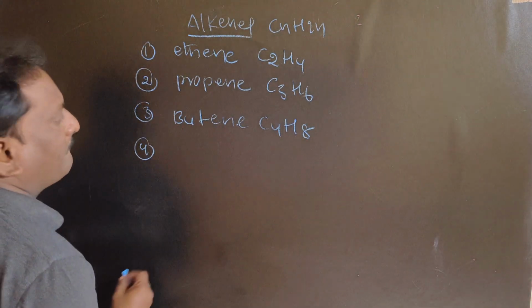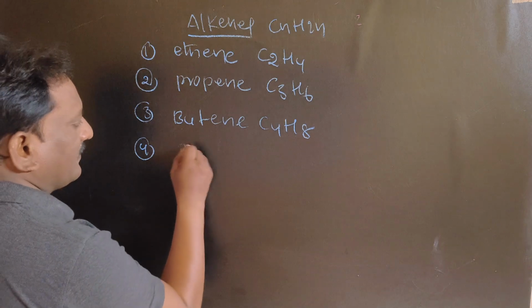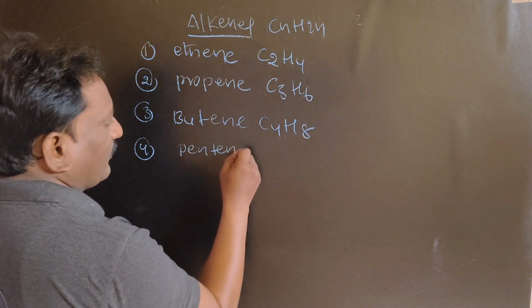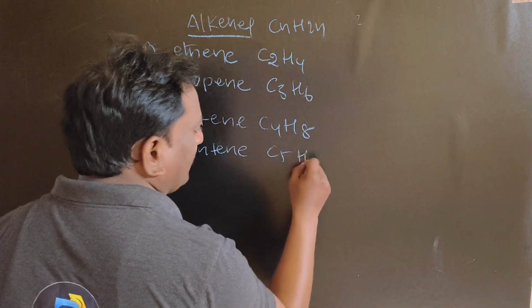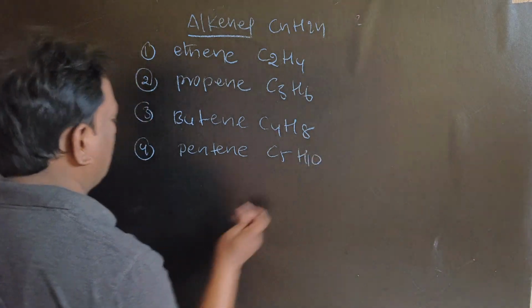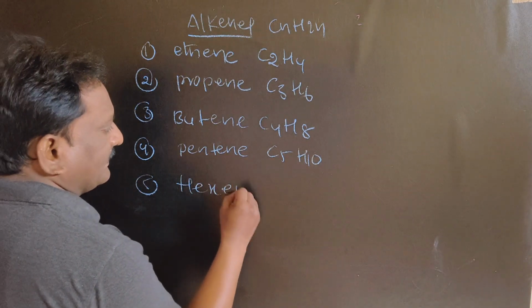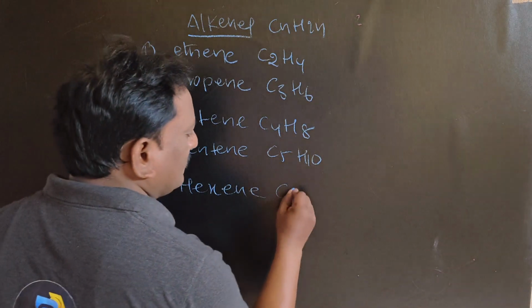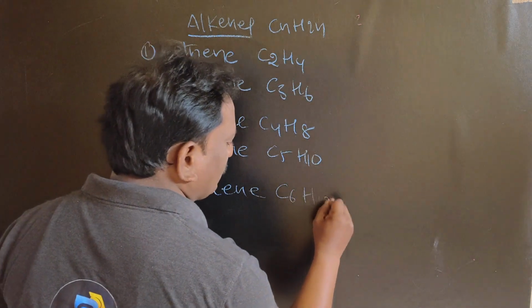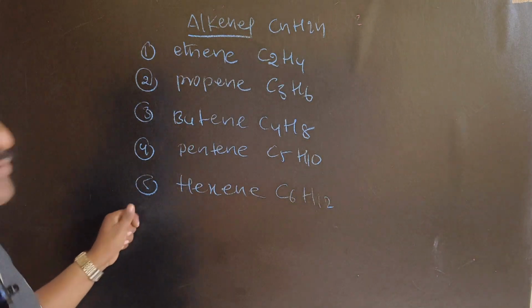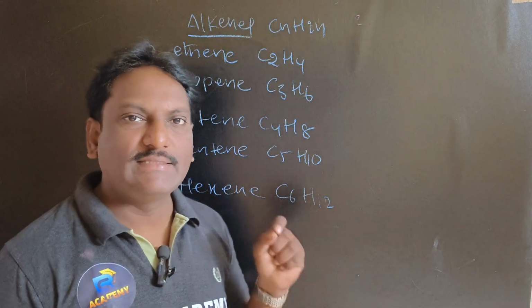Fourth member pentene, formula C5H10. Fifth member hexene, formula C6H12. Right?